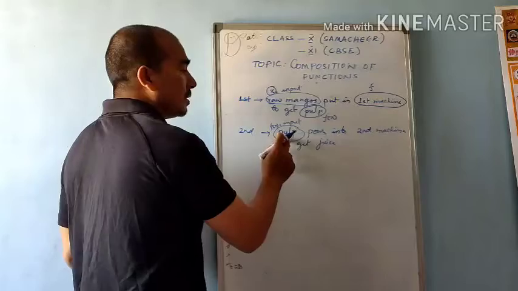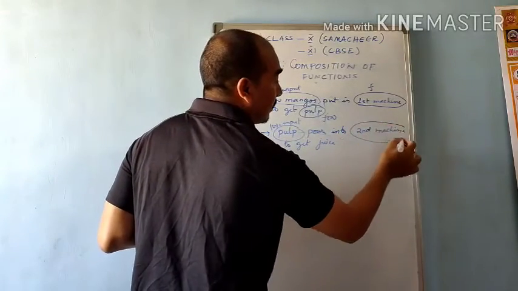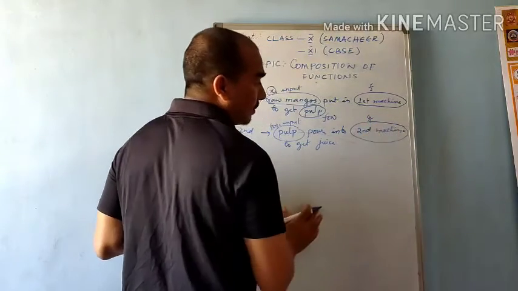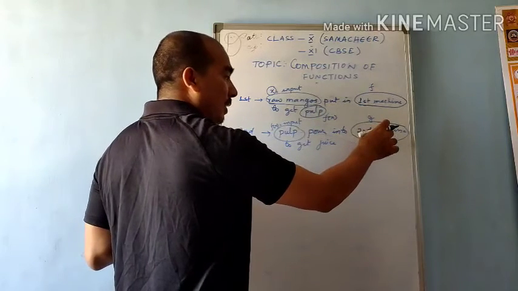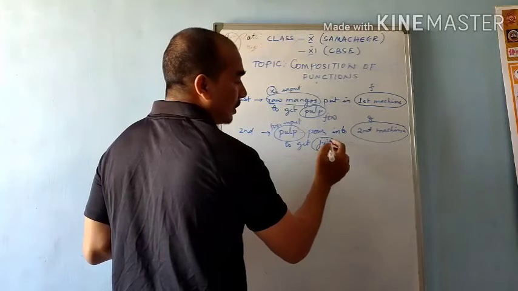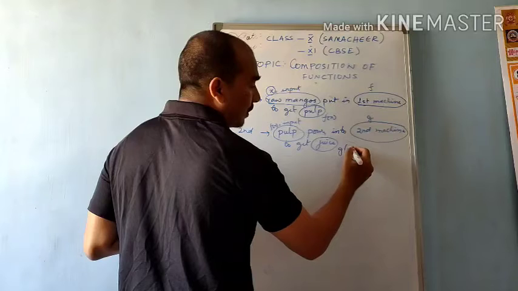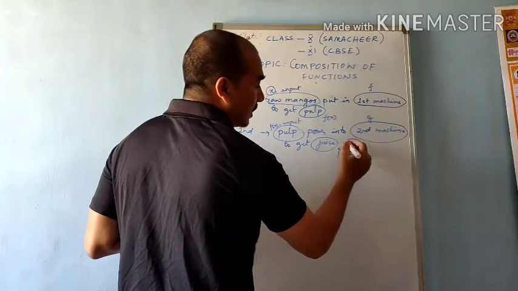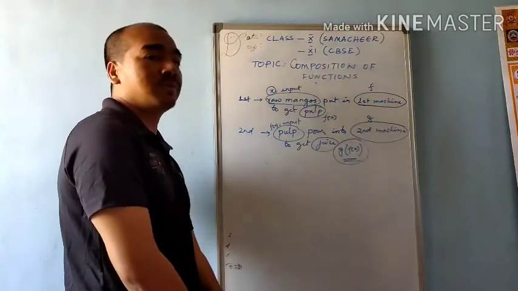This pulp is poured into the second machine, which is another function called g. f of x is poured into the second machine g. Then we get juice. Now this juice is called g of f of x.